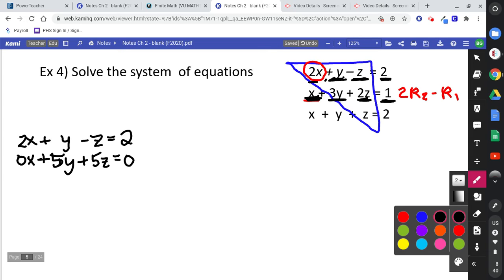Okay. Now, since I also have to get rid of this term, oh my gosh, my pen doesn't work. I'm going to do another rule, but I still have to use this term right here. Okay. Really, it's the same thing because you've got an x and you've got a 2x, so we can use the same kind of rule. 2 minus 2 gives me 0, but you just have to make sure you're using the row 3. So 2 row 3 minus row 1. That'll give me 2 minus 2.